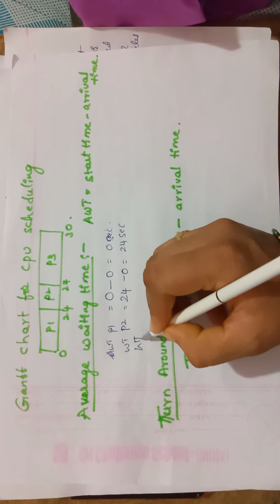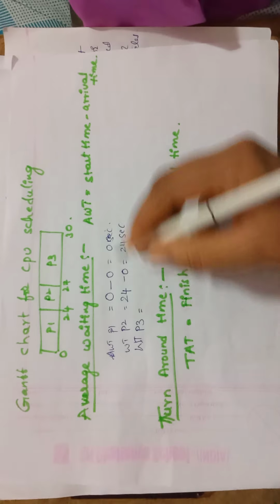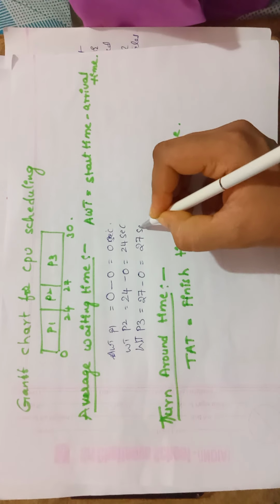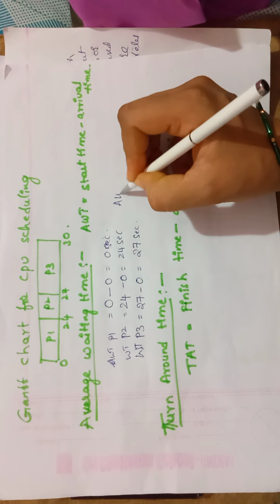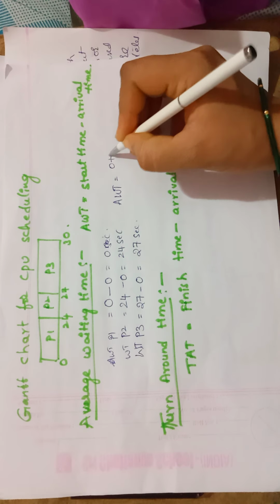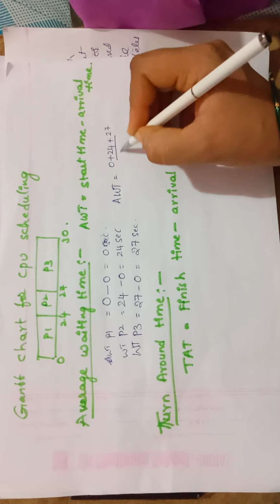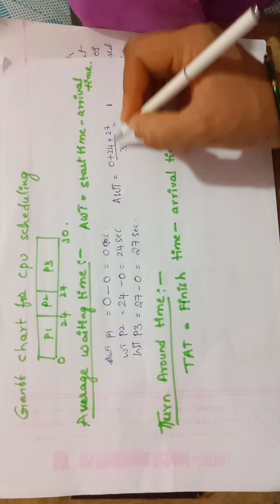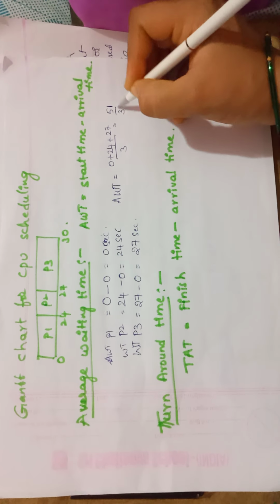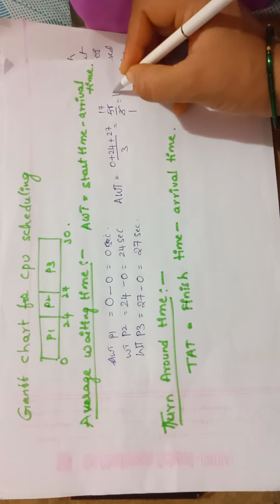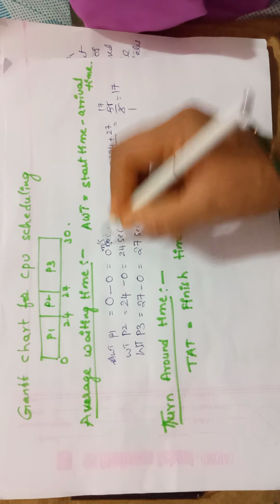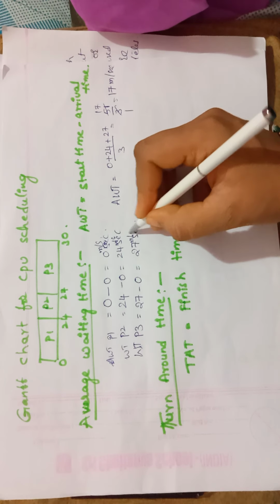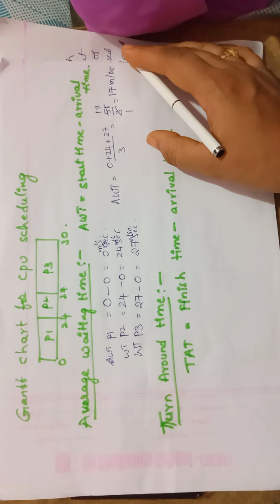Now we'll calculate the waiting time for P3. P3 starts at 27 and arrival time is 0, so 27 seconds. Now the average waiting time is (0 + 24 + 27) / 3, which is 51 / 3 = 17. If you take this in milliseconds, it is 17 milliseconds average waiting time for all these processes.